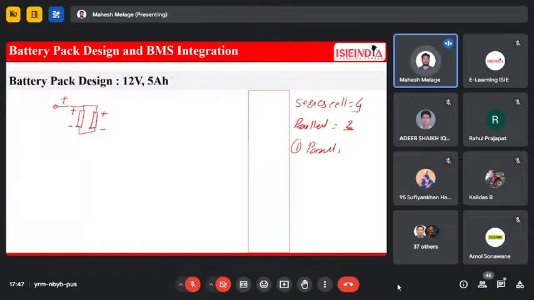Now connect in series. The 4 cells are connected in series. Means this parallel combination is repeated 4 times. See in the picture. This is the first, this is the second, this is the third, and this is the fourth. The parallel configuration goes 4 times.